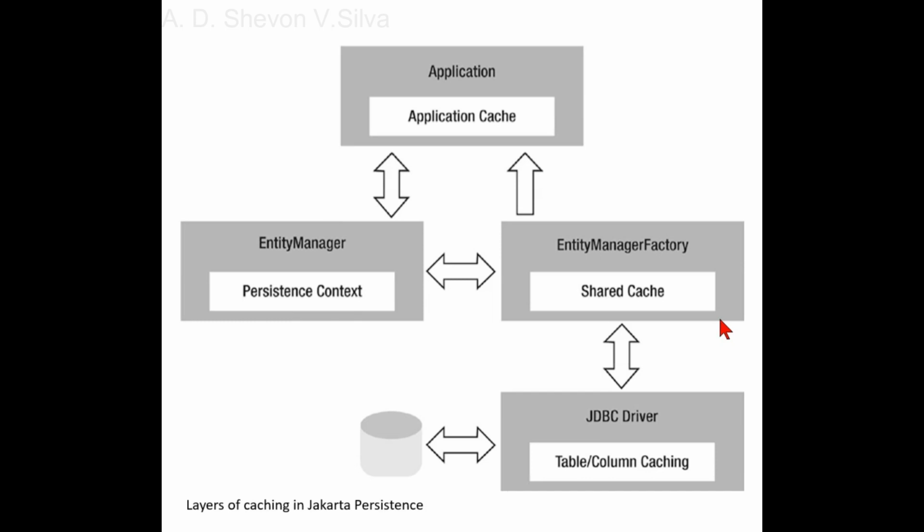This cache has a specific API associated with it. And the last cache that can contribute entity state to Jakarta persistence is the JDBC driver cache. Most drivers cache connections and statements.